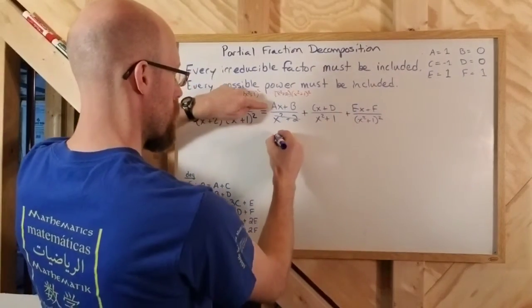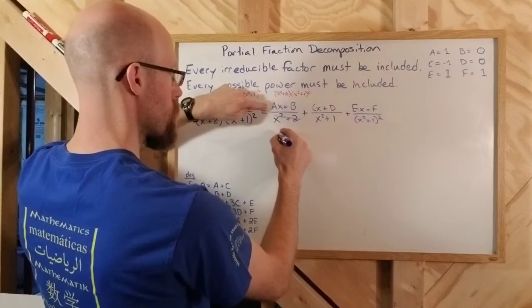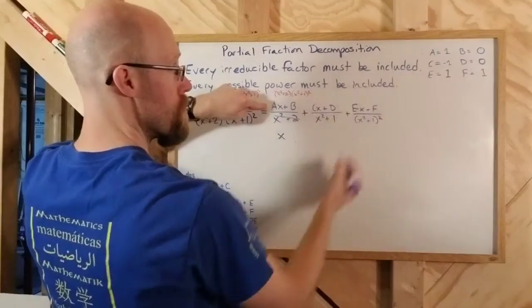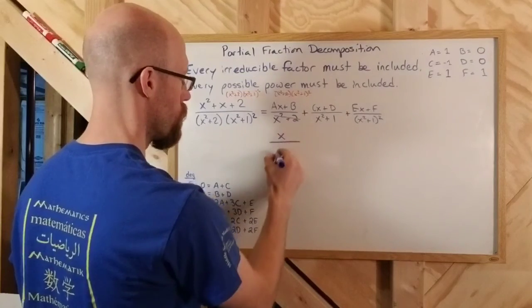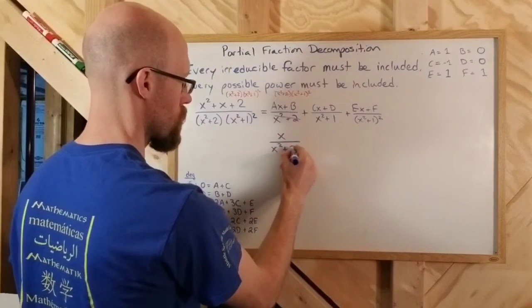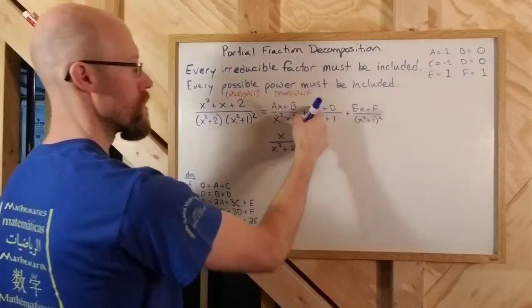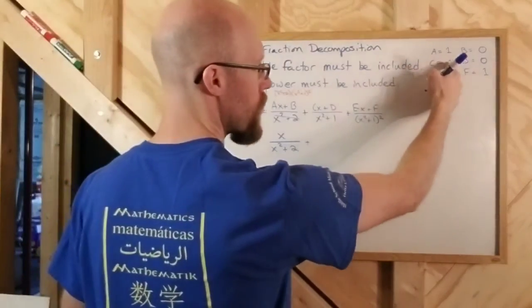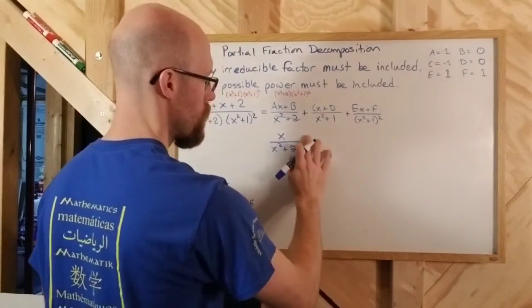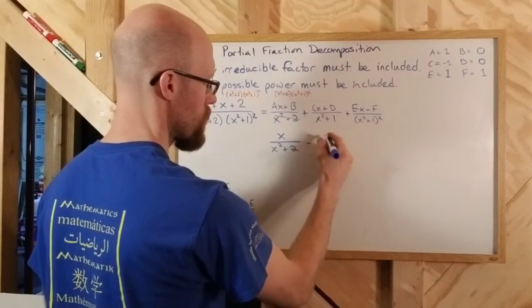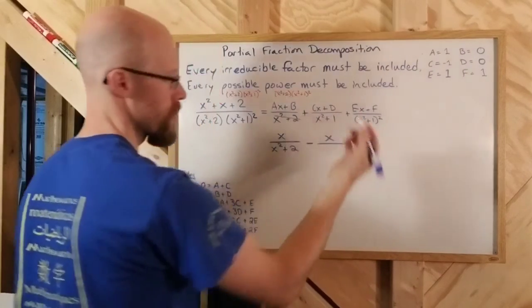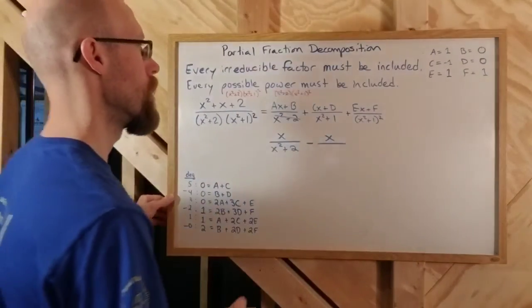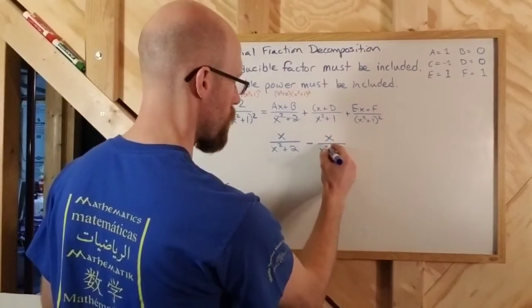So I get 1x plus 0. So it's just x on top over x squared plus 2. And over here, Cx plus D, well that's -x plus 0. Instead of -x, I'll just write a minus x, and the plus 0 I don't need, over x squared plus 1.